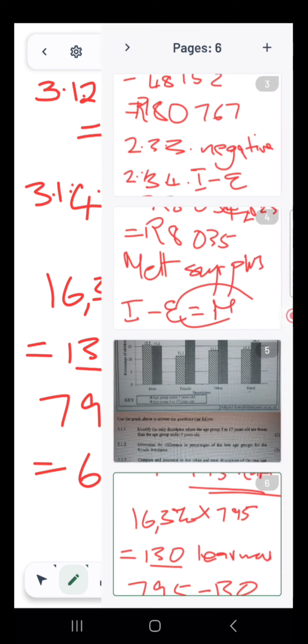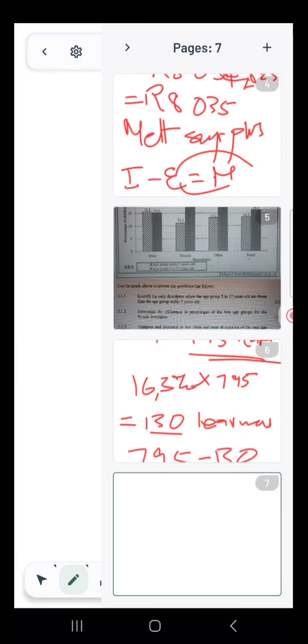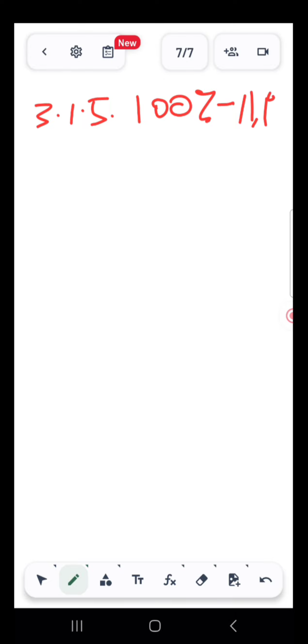Okay. Let's do it. So you have 100%, it is 3.1.5. You have 100% for any probability, right? And then from 100% we minus 11.1%, which are the ones who will be obese.